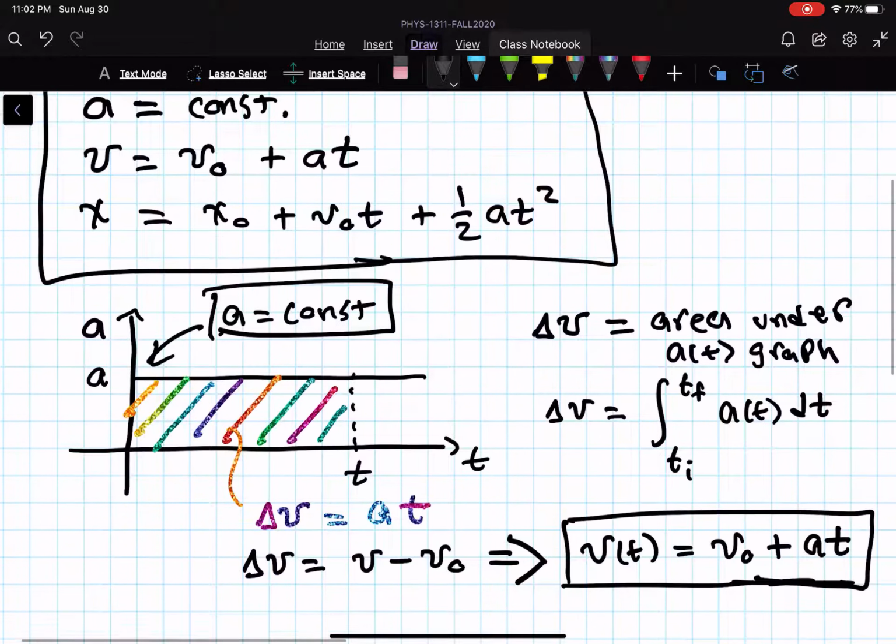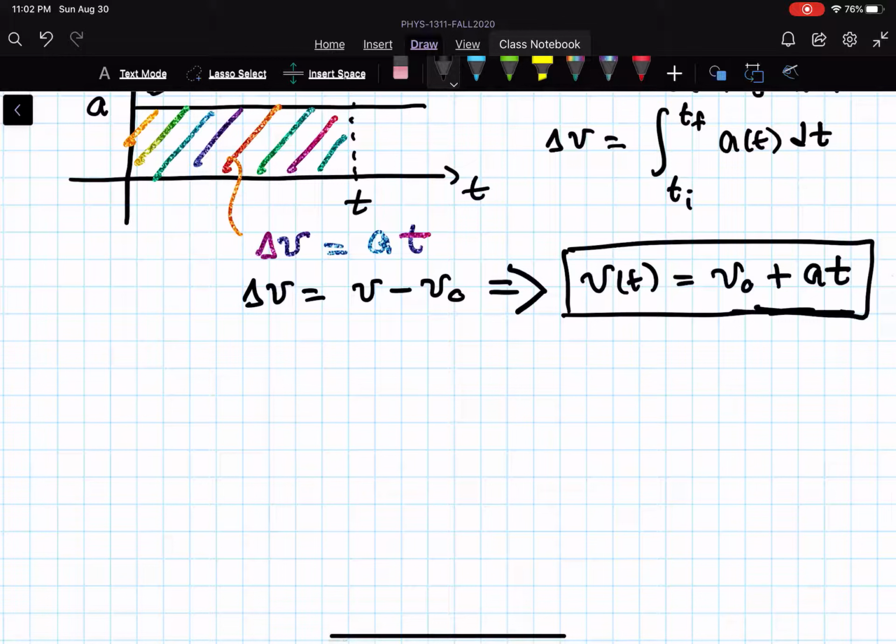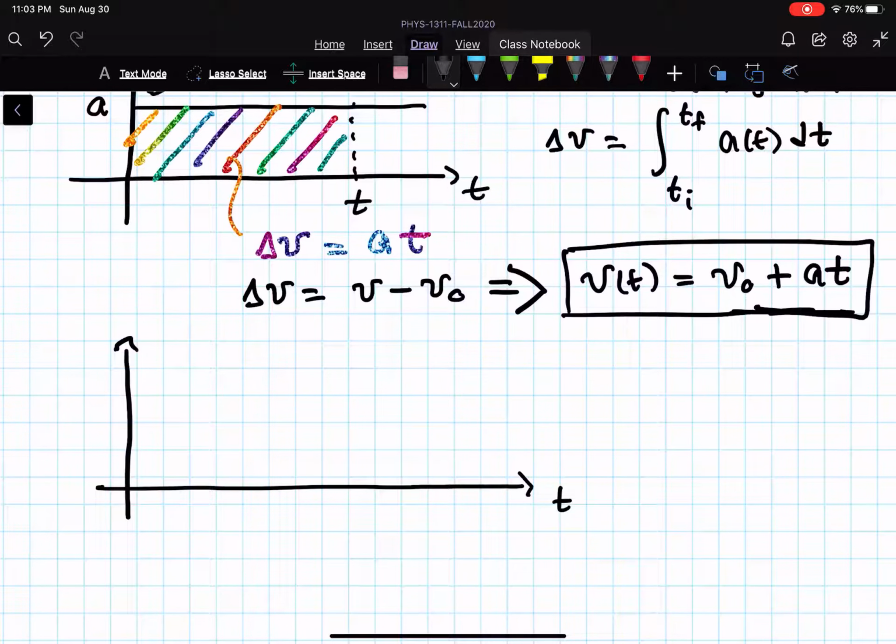Let's now sketch what that graph looks like. Okay, so if I graph now the velocity versus time here, then I'll get something that has some initial velocity, v0, and then it's going to grow linearly in time.